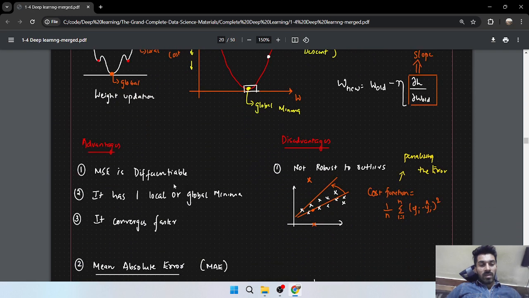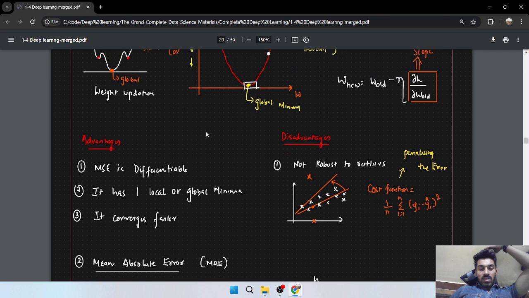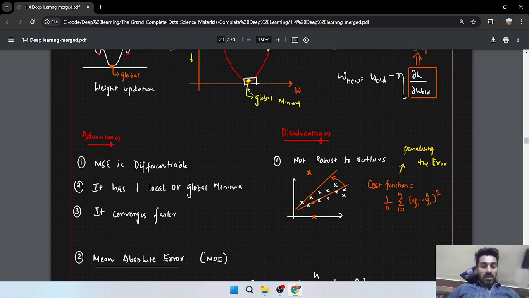MSE is differentiable, so this is an advantage. It has only one local or global minima. It converges faster. Disadvantages: it is not robust to outliers, and it penalizes the error. Basically, we know the quadratic equation is differentiable, has only one minima, and converges faster. These are the advantages.